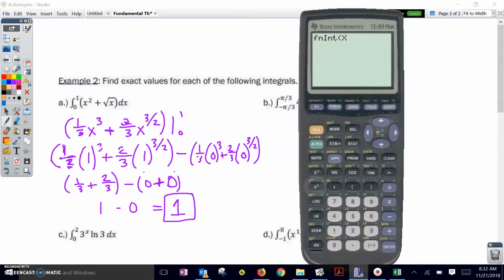My numerical integral of x squared plus square root of x with respect to x, 0, 1. This should be 1.